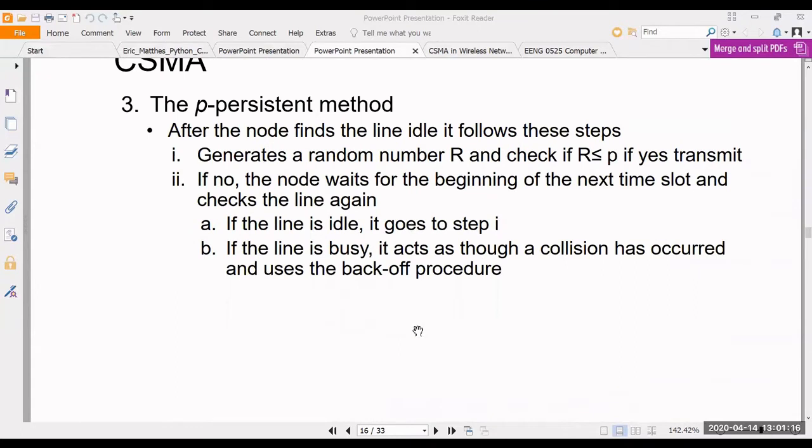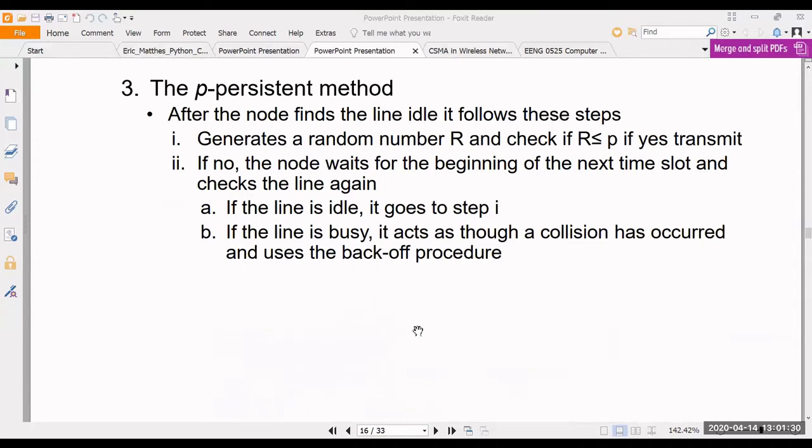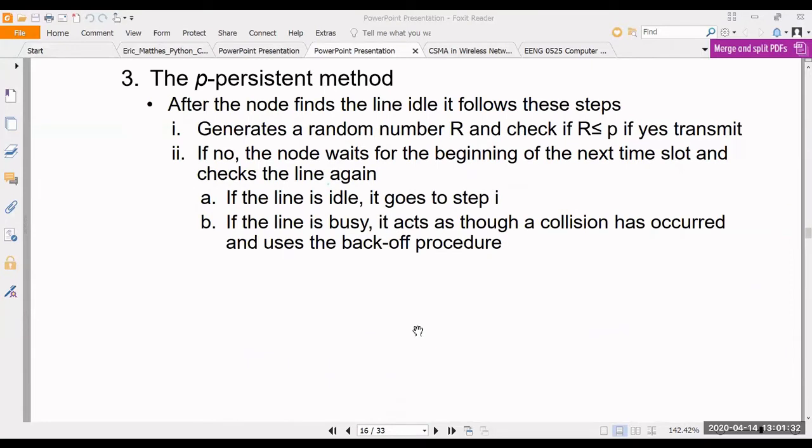And whenever we find out the line is idle, we do certain things. First, we generate a random number. And then we check if the random number is less than P. If yes, we can transmit.